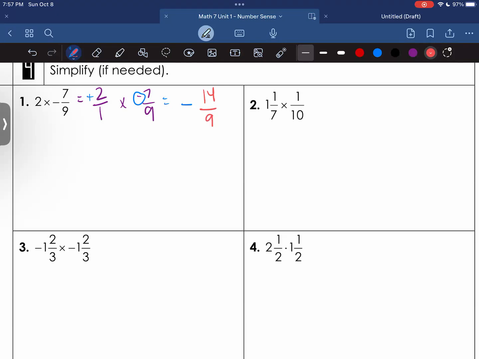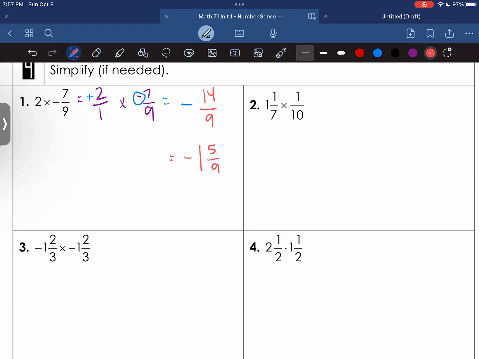Now, we can't simplify here, but we can turn this into a mixed number, which is what you need to know how to do on your test. So if we turn this into a mixed number, you would get -1 and 5/9.